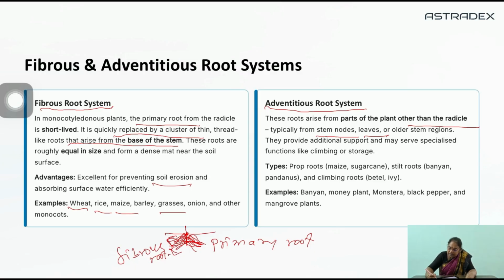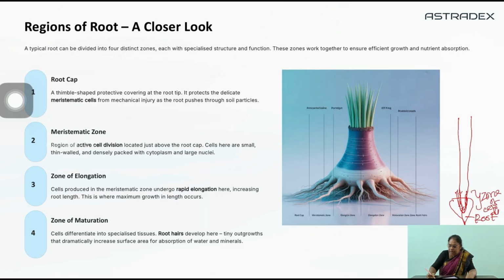And then this region is called the zone of cell division. Here meristematic tissue occurs. This meristematic tissue undergoes mitotic cell division, so it continues to divide.